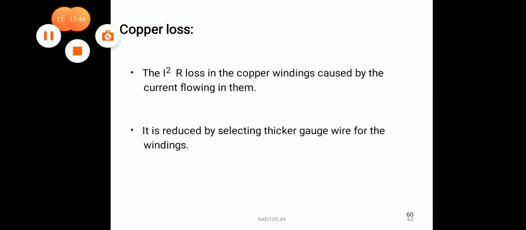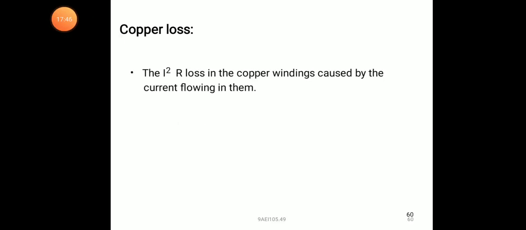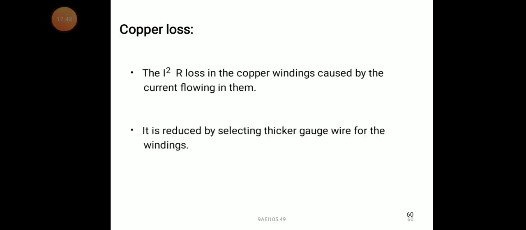Copper loss is nothing but the I square R losses in the copper windings caused by the current flow in them. This type of loss is called the copper loss. It is reduced by selecting thicker gauge wire for the windings.